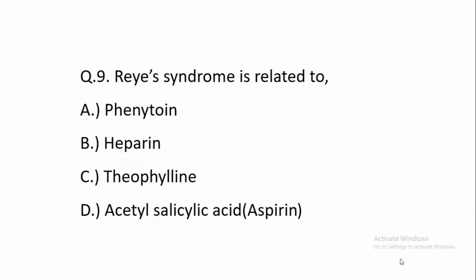Question number 9. Reye syndrome is related to A, phenytoin; B, heparin; C, theophylline; D, acetyl salicylic acid, which is called aspirin. The answer is acetyl salicylic acid.